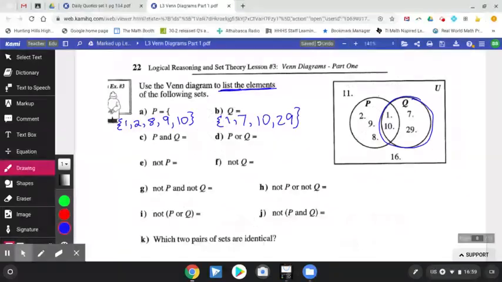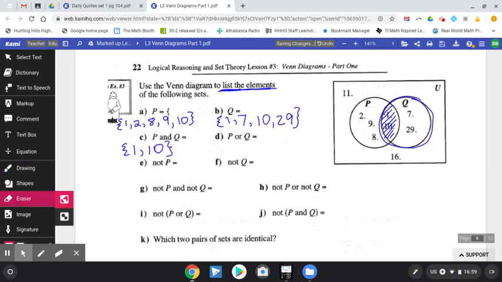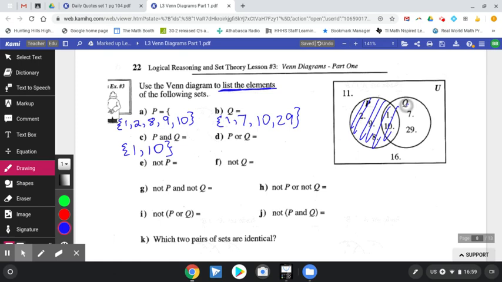P and Q. If you had an element that belonged to P and Q, you'd have to put it here. So that set would include elements 1 and 10. P or Q, remember where we shaded, P or Q is when you put the two together to make one big set.